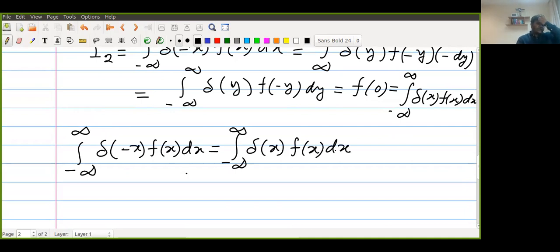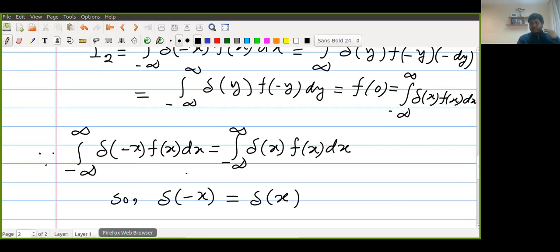Here we use a very useful trick of mathematics: if two integrals are equal for all possible values of x ranging from minus infinity to plus infinity, then the integrands should be equal. So we can write delta of minus x equals delta of x.